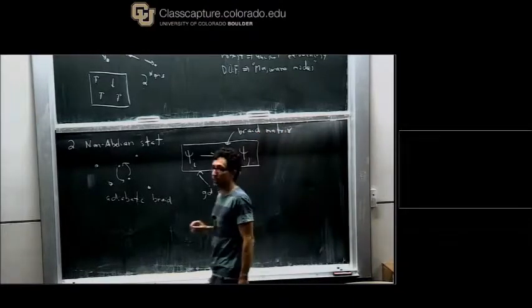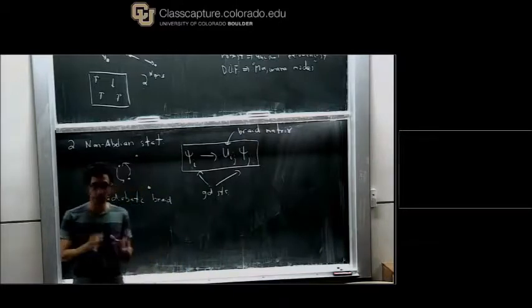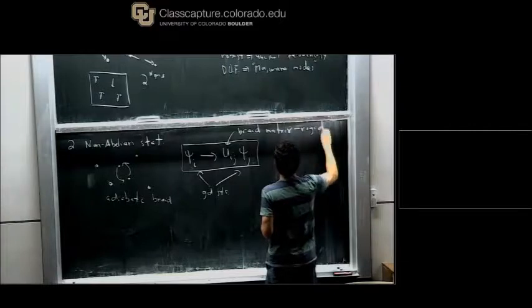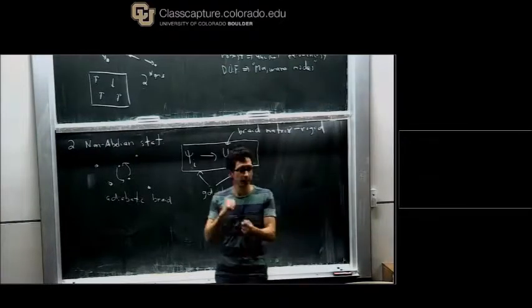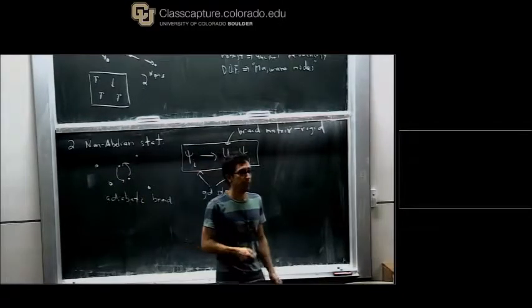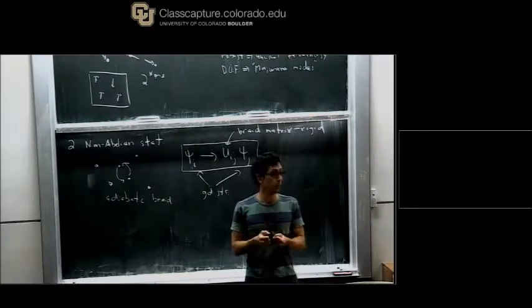The important thing I want to emphasize is that the braid matrix is rigid. When I say rigid, I mean that the matrix you get here does not depend on detailed properties of how you perform this adiabatic braid. It depends only on the topology of the braid that you've created.